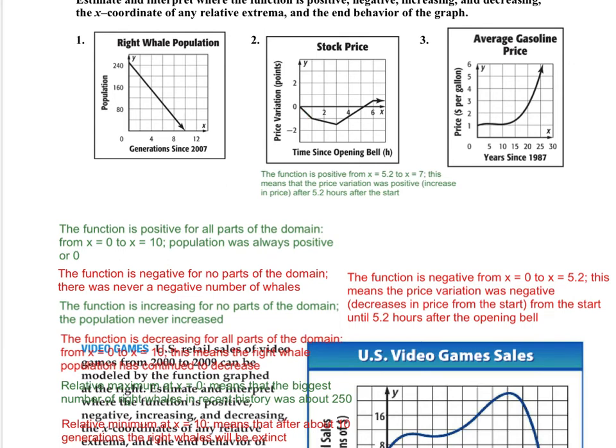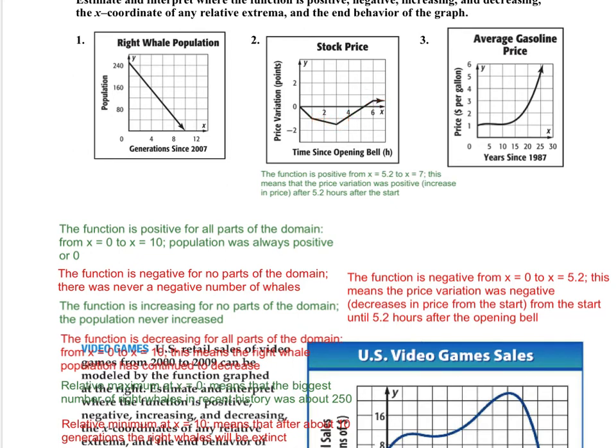Just because I said decreases in price, I'm talking about from the start. You can see here that this piece is increasing. That's not what I'm talking about. It's still a decrease. These numbers all represent smaller prices than at the start, which was when the price variation was 0. So the price dropped and it's still below what they started, even though it's increasing here.